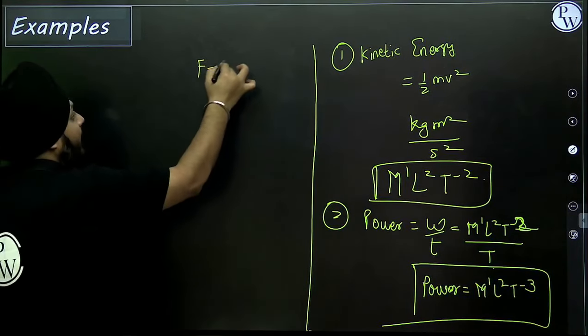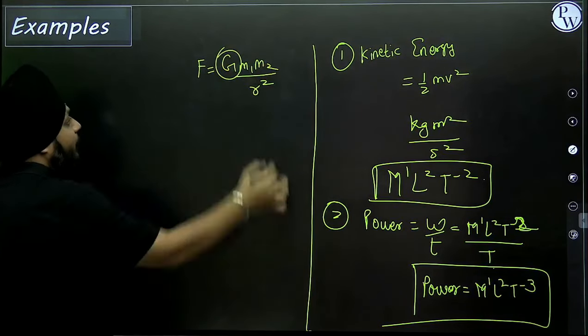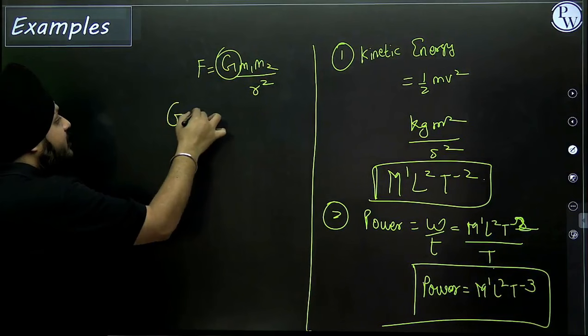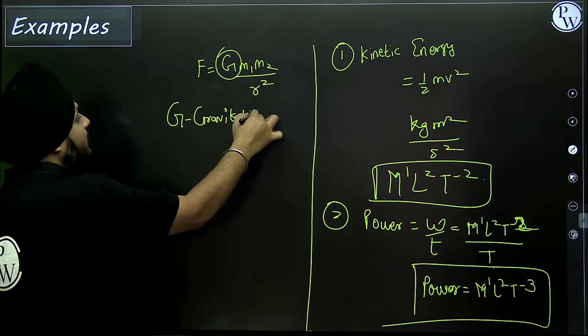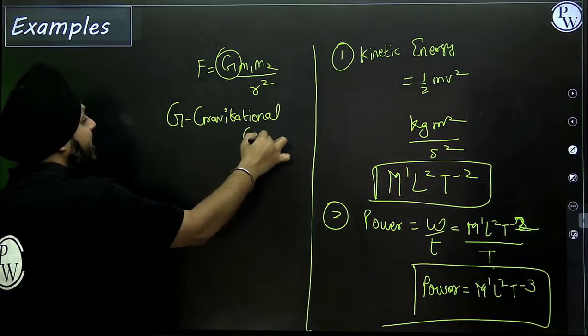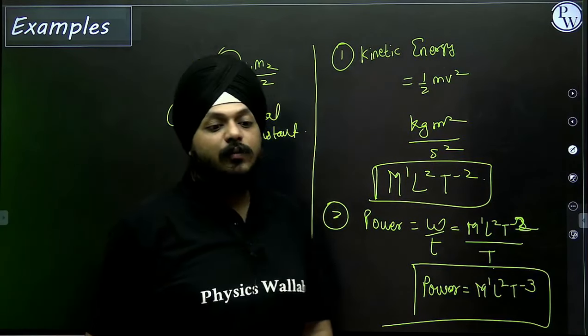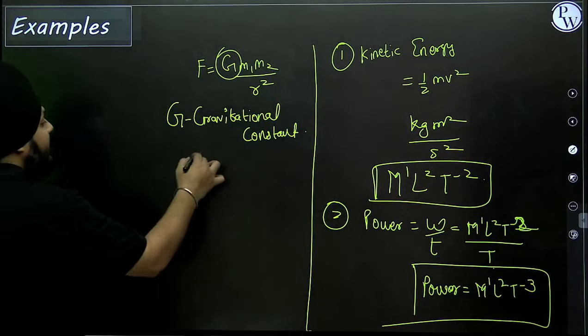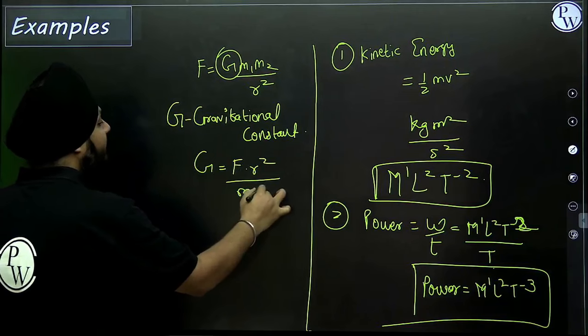You have seen this formula, F is equal to G m1 m2 whole divided by r square. What is the dimensional formula of G, where G stands for gravitational constant? So can I say G is equivalent to F dot r square whole divided by m1 m2.